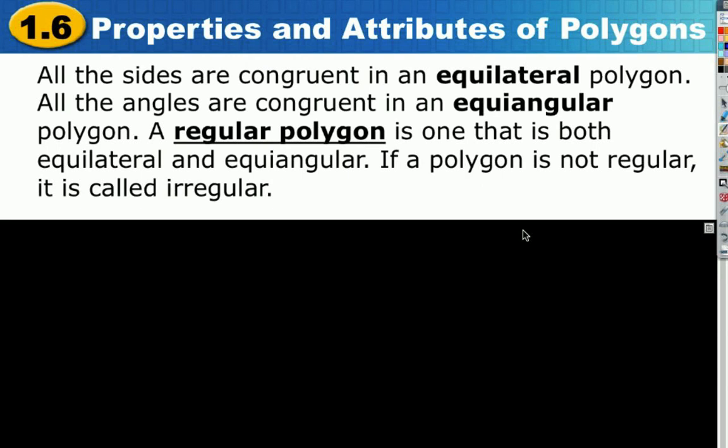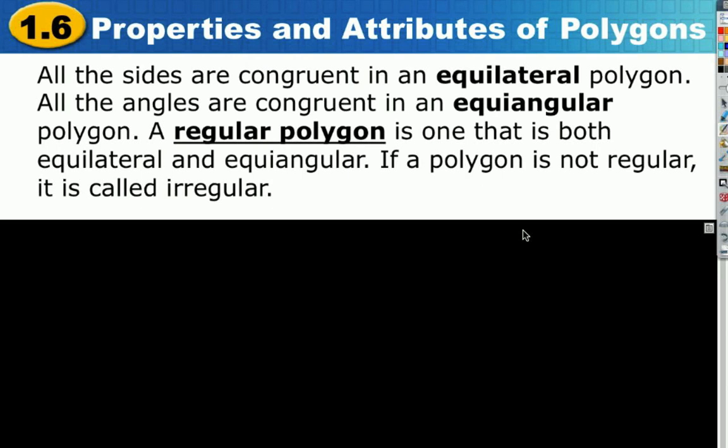It could be in little phrases, little arrows, a little diagram. Again, take notes however you want.